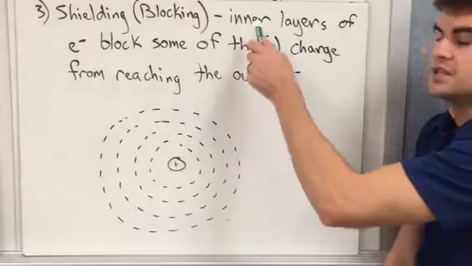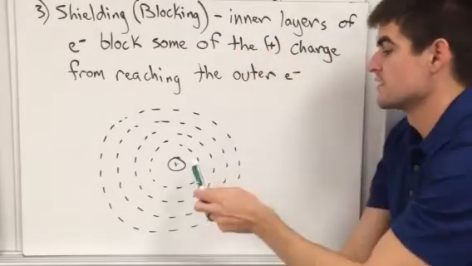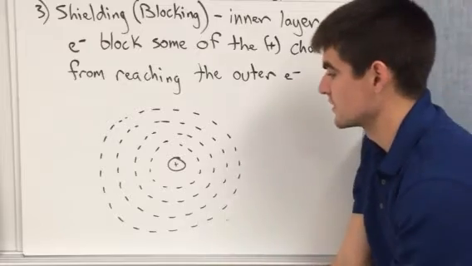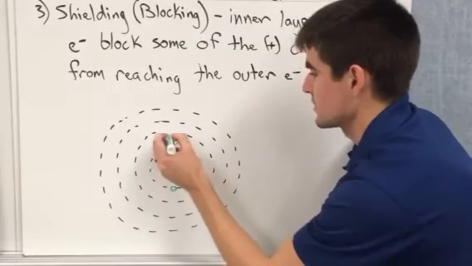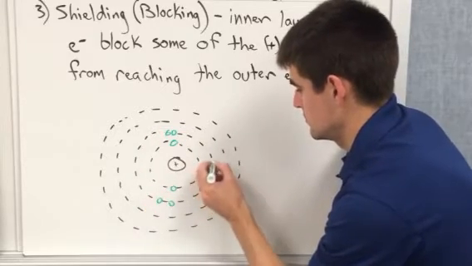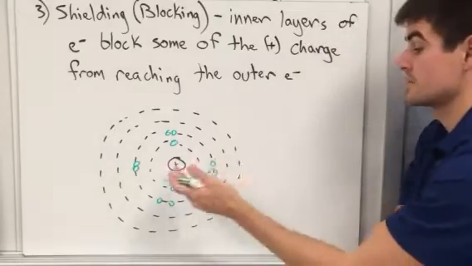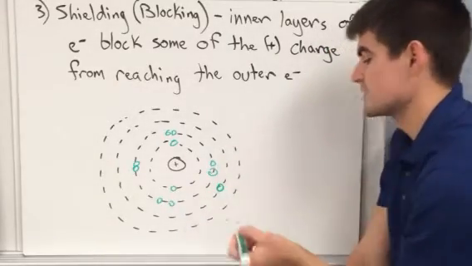The third one is shielding or blocking, however you want to think about it. But here, the inner layers of electrons, so like these electrons here, are blocking some of that charge from getting out to maybe this guy out here.